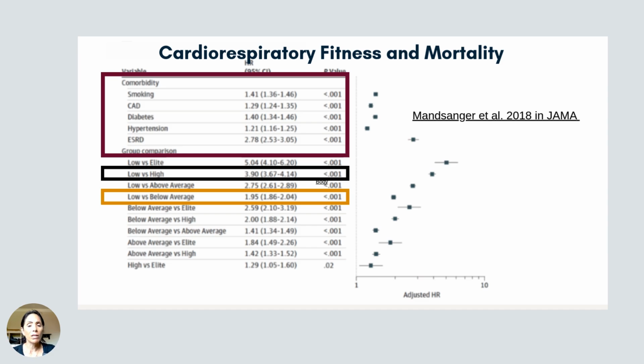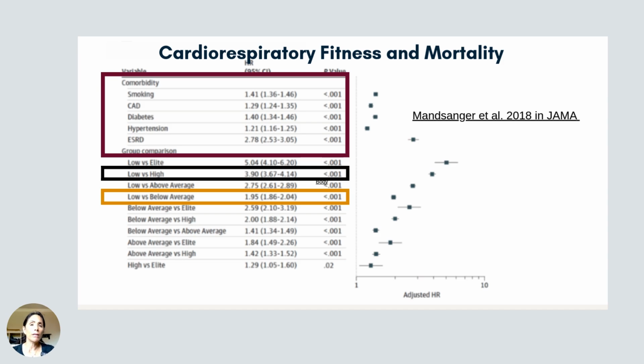So this is a landmark study that was published in the journal JAMA, a very reputable medical journal, in 2018 by a group of researchers. And they basically looked at a cohort of over 120,000 people and followed them for a mean duration of 8.4 years. And they recorded mortality in this cohort, dying for any reason during that follow-up period.